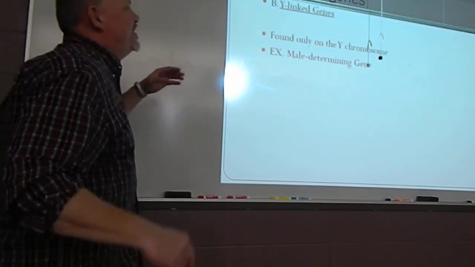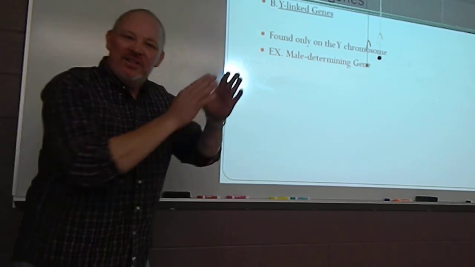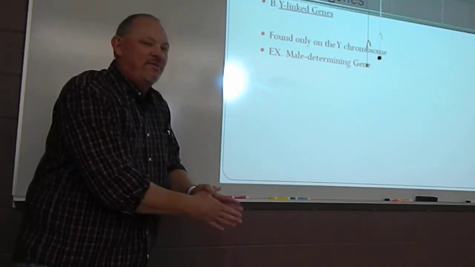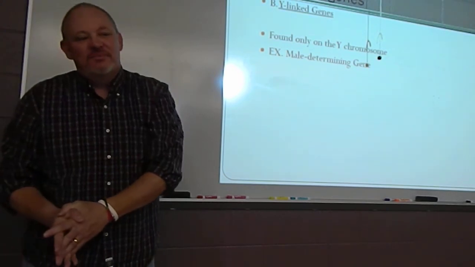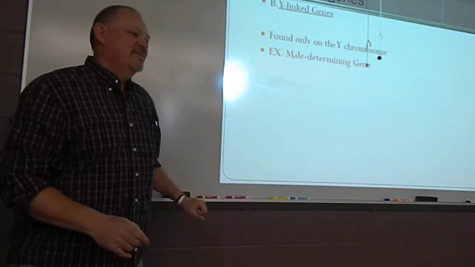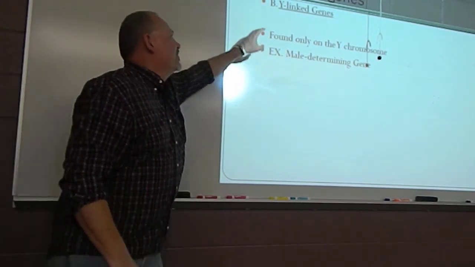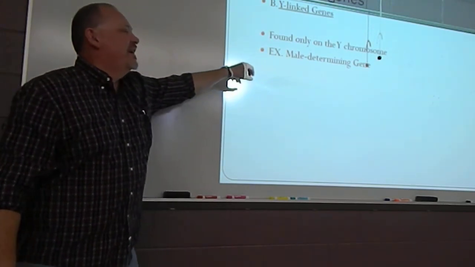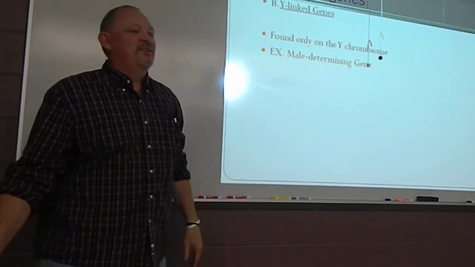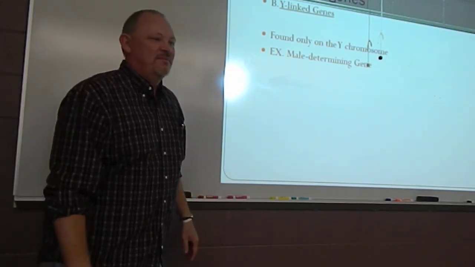And so those that are found only on the Y chromosome, or found only on the X chromosome, are called sex-linked genes. The Y-linked genes are found only on the Y chromosome. The X-linked genes are found only on the X sex chromosome.